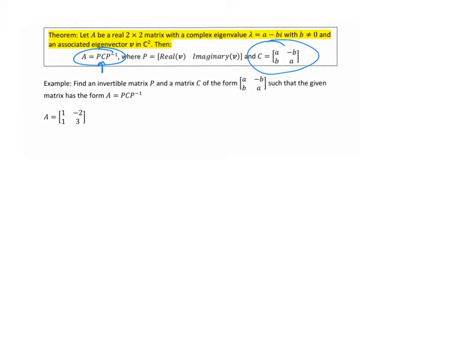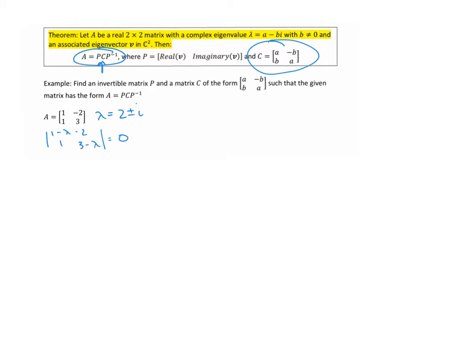What we should get is eigenvalues of 2 plus or minus i. And if you got that, you can skip ahead in the video a little bit. If you didn't, I'll just show you what I have. So I have the determinant of 1 minus lambda, negative 2, 1, 3 minus lambda, equals 0.